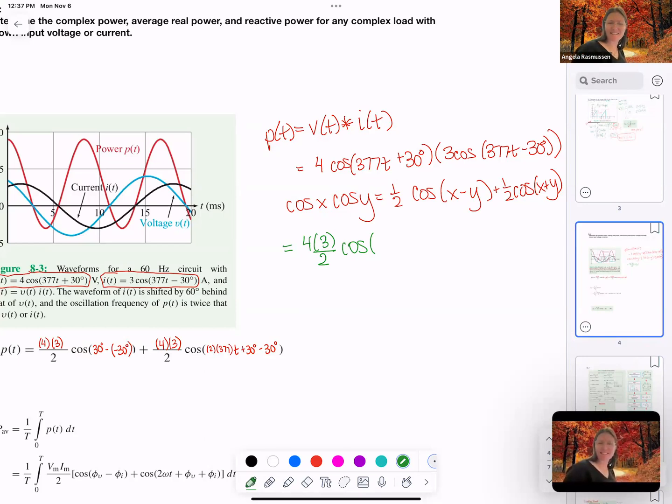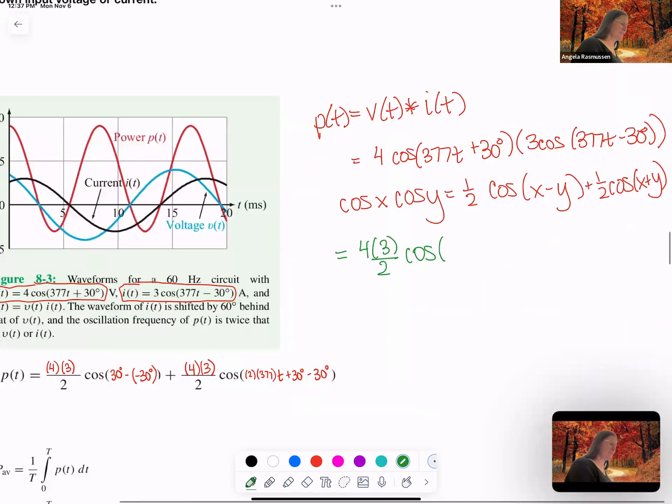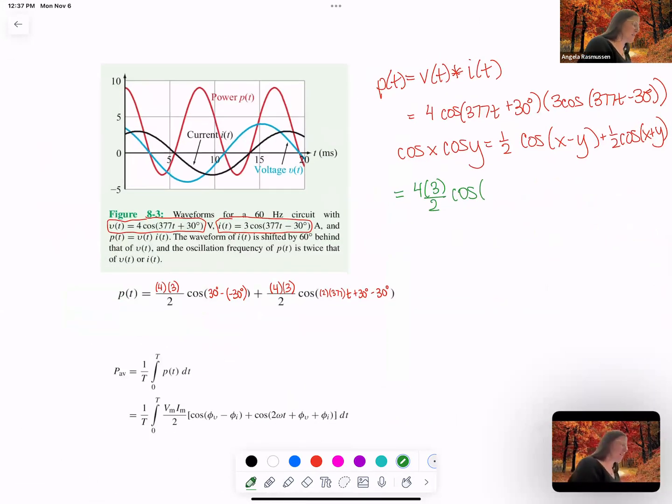Yes. Sorry about that. There we go. Okay, now you can see better. So 4 times 3 over 2 cosine x minus y. And so 377t plus 30 degrees, and then minus 377t minus, minus a minus 30.